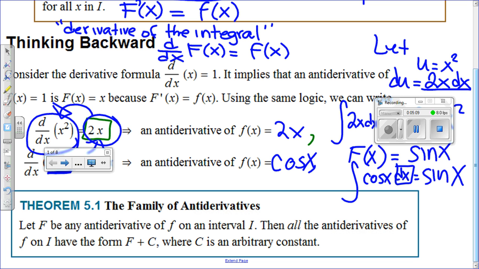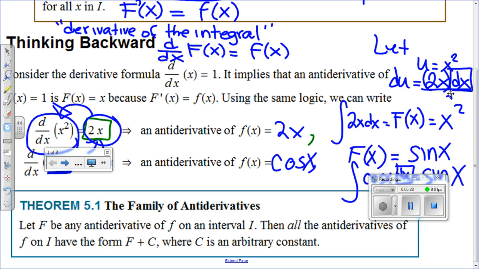The 2x and the dx are multiplying each other, and that's why this way is called substitution. To substitute dx, it will be du divided by 2x. Then that goes back into the integral. But don't stress about that yet. Substitution is not as hard as it sounds.